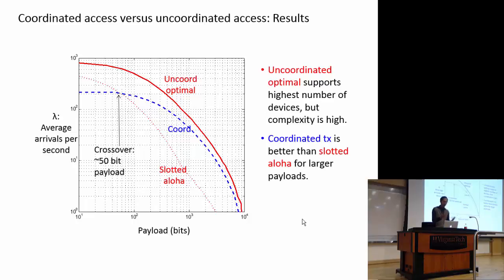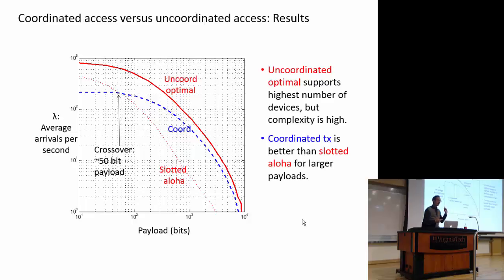But the trade-off there is that the complexity is very high. So I described to you the strategy for the optimal transmitter and receiver, but it's actually very difficult, if not impossible, to do this in practice. So you actually have to back off from this optimal strategy, move more towards the baseline slotted aloha in your more practical implementation, and so that's something for one of you to maybe think about.